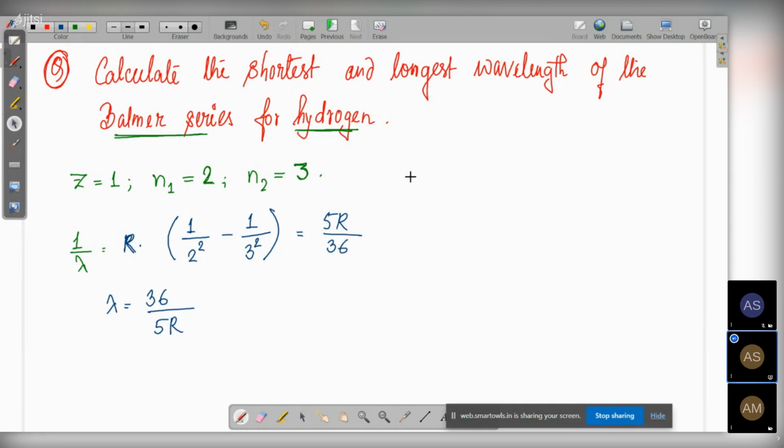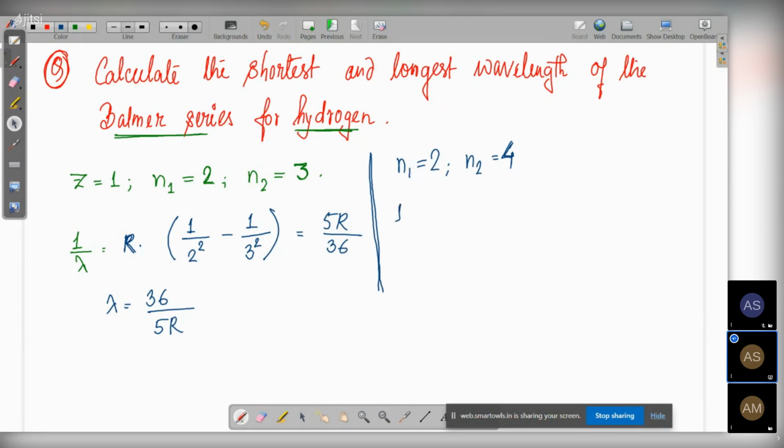Then you see, suppose we take N1 is equal to 2, N2 is equal to 4. That means the next transition. So we calculated it for transition 3 to 2. Now we will do it from 4 to 2.